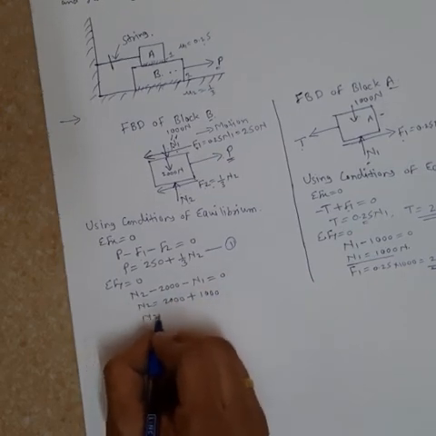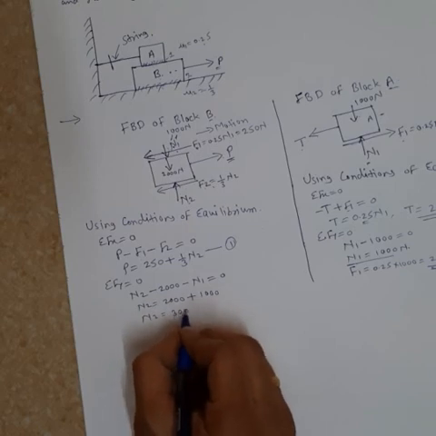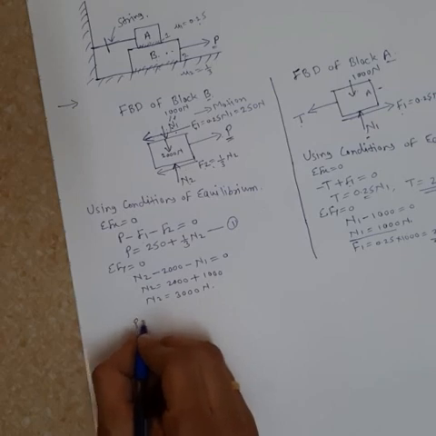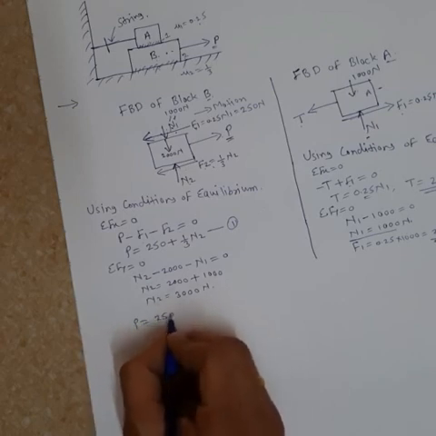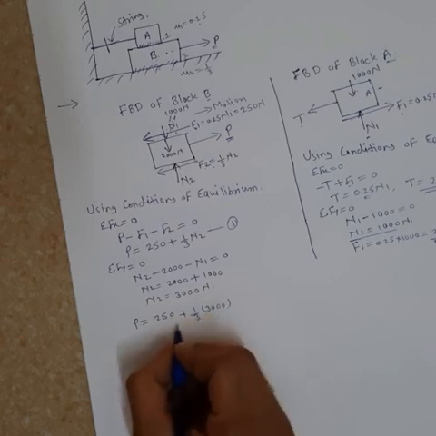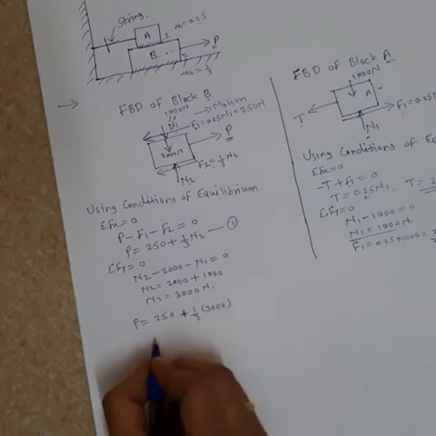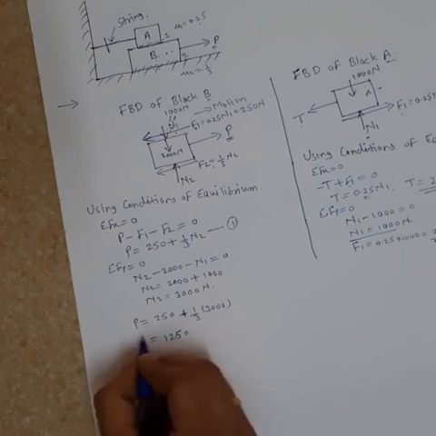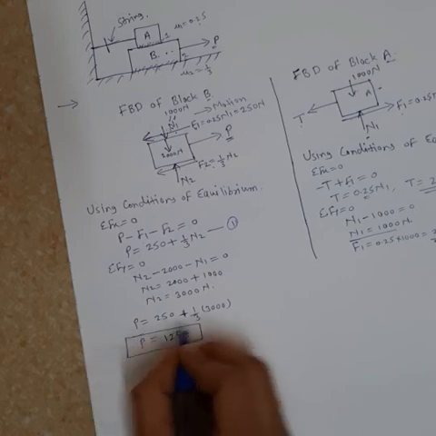We get value of N2 as 3000 Newton, and putting that value in equation number 1 we will get value of P, so that will be 250 plus 1 by 3 multiplied by 3000, so that will be 1000, so here 1250 Newton, that will be our answer.